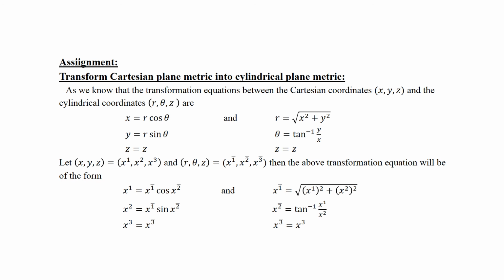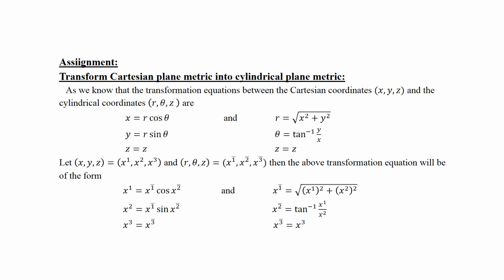Then the above transformation equations will be in the form x1 is equal to x1 bar cos x2 bar, x2 is equal to x1 bar sin x2 bar, x3 is equal to x3 bar, and on the right side x1 bar is equal to square root of x1 square plus x2 square, the second term is x2 bar is equal to tan inverse x2 over x1, and x3 bar is equal to x3.